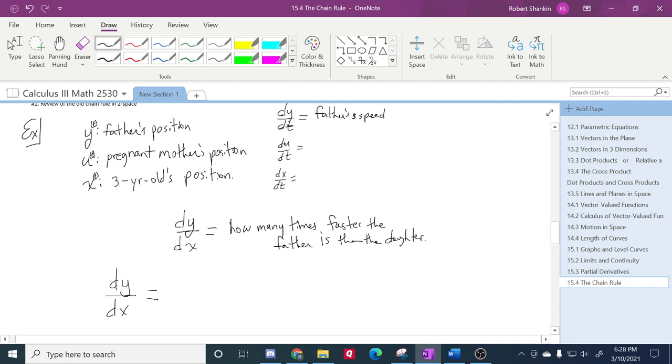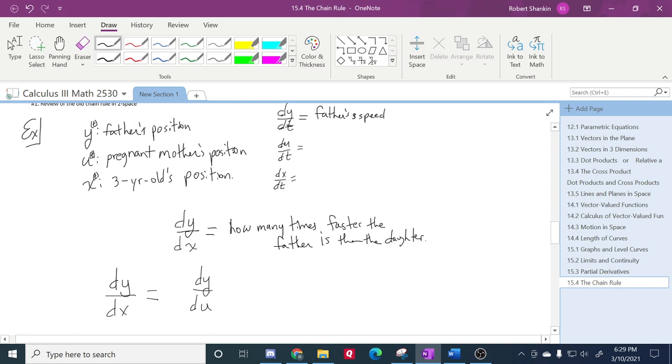What could rescue us is this. We could still get dy/dx even though we couldn't get it directly. We could get it indirectly. The pregnant mom can race against the dad.